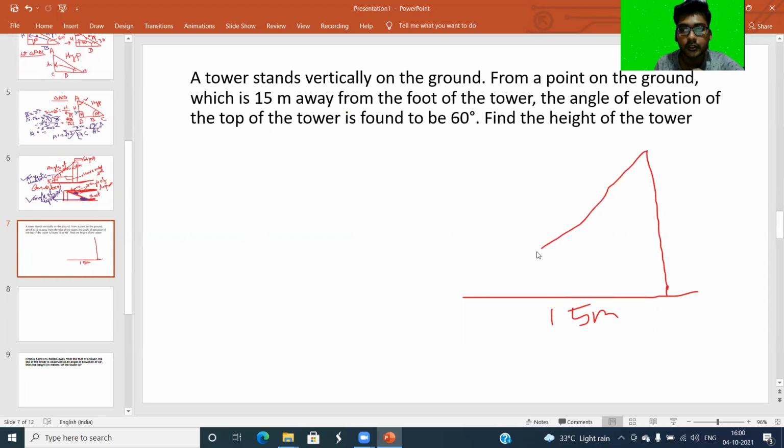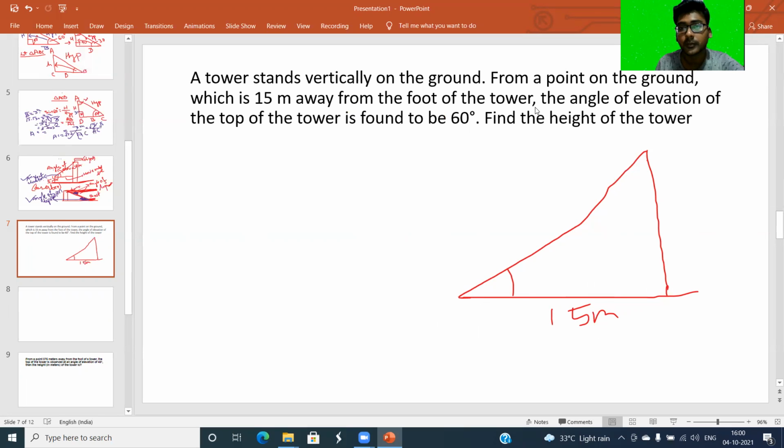Angle of elevation means if there is a horizontal line and the point is above, then it is called the angle of elevation. If the point is below the horizontal line, then it is the angle of depression.